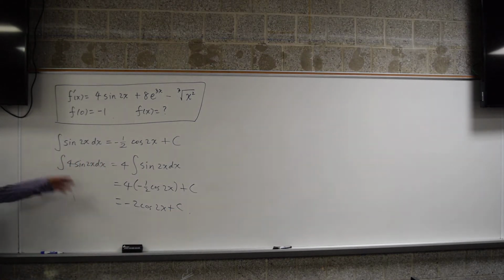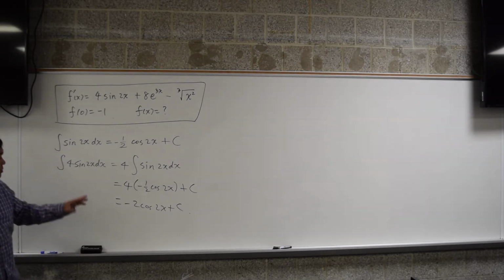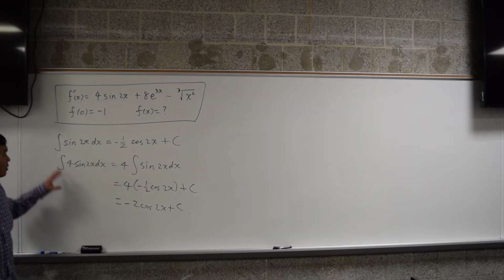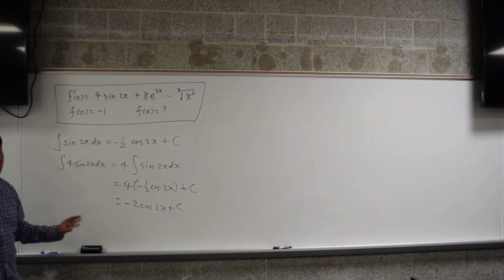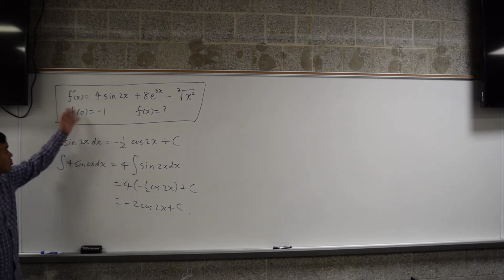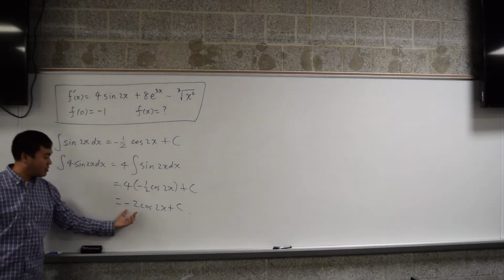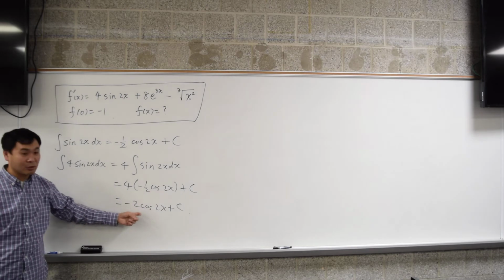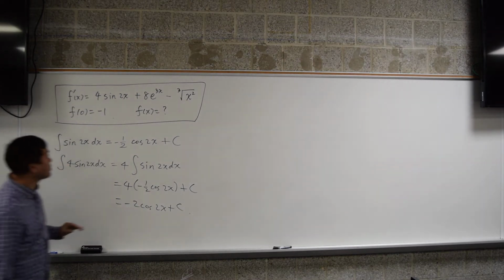And what I'm doing on the board may look like a roundabout way of doing things. You probably have figured this out without having to do all this, but I'm just doing it like this so that it's helpful in the future. For this question, it doesn't matter which method you use to get this answer. If you tried this thing and figured out that this indeed gives you that, and took this as the antiderivative, perfect. I'm just doing this for the future.